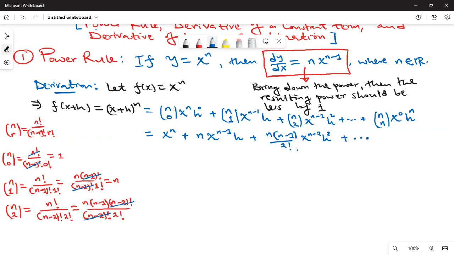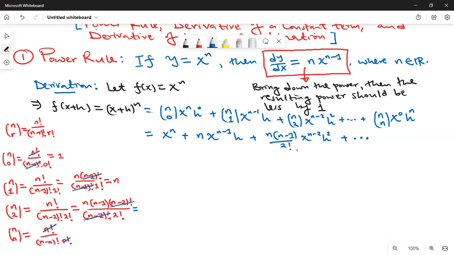The last one is n combination n. Let's also work it out. What are we supposed to get? This should give us n factorial over n minus n factorial times another n factorial. So this will cancel.